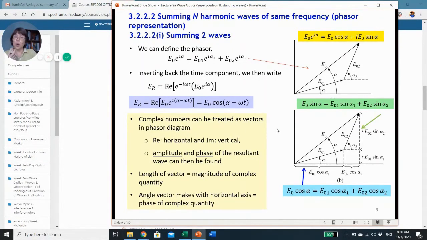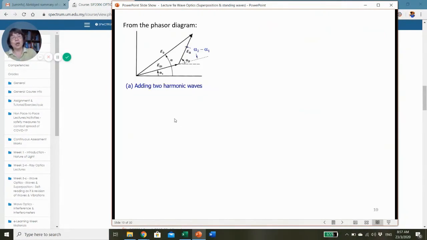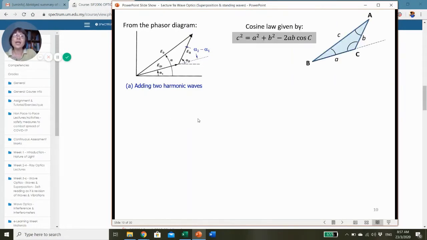Then we want to find out how we calculate the value of E0 and how we determine the value of alpha. So let's go to the next slide. Now, if you look at this, it is a triangle. From the cosine law given by this expression written here, the length of this side squared will be equal to the square of A, the square of B, minus 2 times AB cosine of this angle.